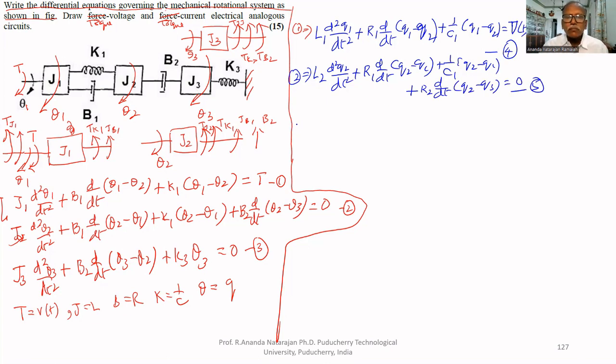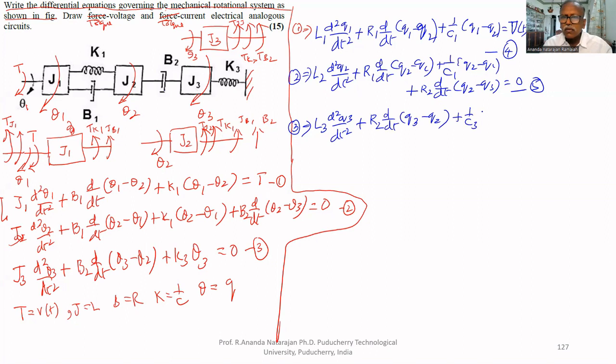Then the third equation implies L3 d square q3 by dt square plus R2 d by dt of q3 minus q2 plus 1 by C3 q3 equal to 0. This becomes the sixth equation.